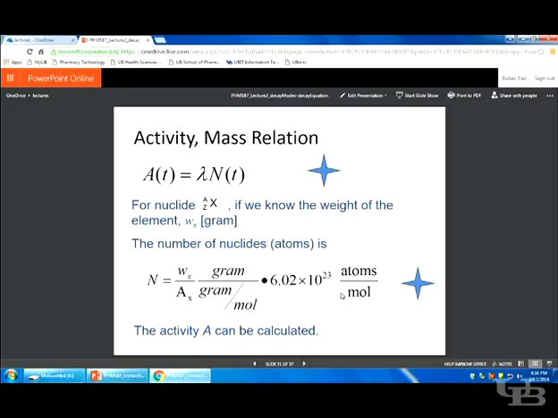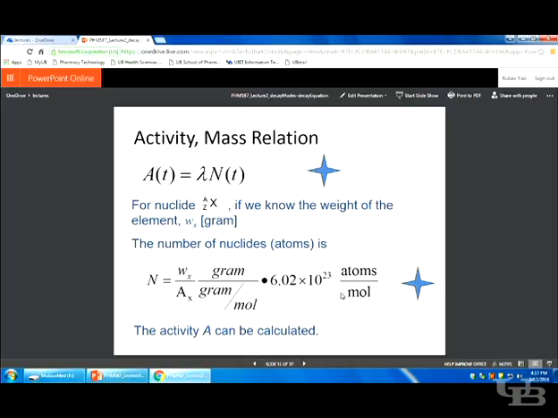So the basic formula is this: the activity is equal to the decay constant multiplied by the number of atoms available. That's actually where we started, the definition of the activity.